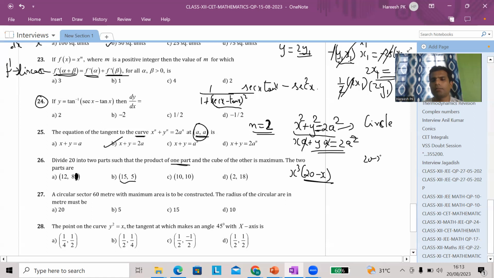So x cube into 20 minus x has to be maximum, or 20x cube minus x power 4 should be maximum. So when you differentiate, you'll get 60x square minus 4x cube should be 0. So you'll end up getting x as 15. So the two parts are 15 and 5.